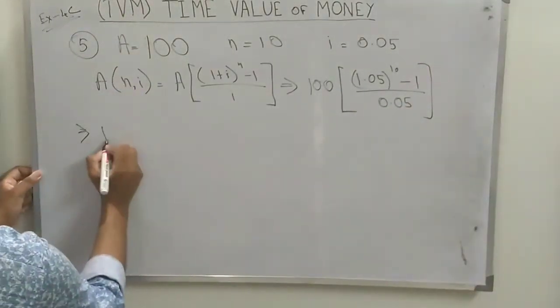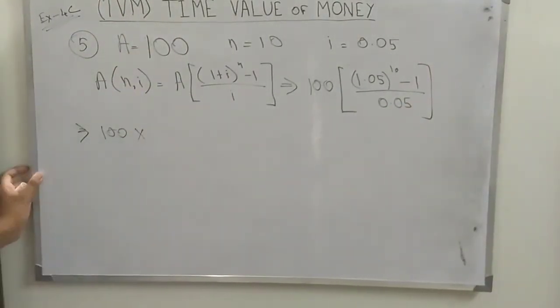Now first let us calculate the value of this portion. That means 100 into 1.05 to the power 10 minus 1, divided by 0.05.